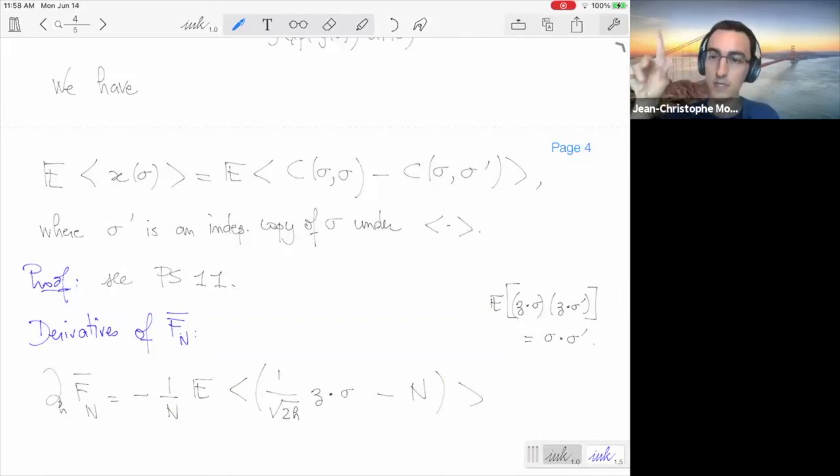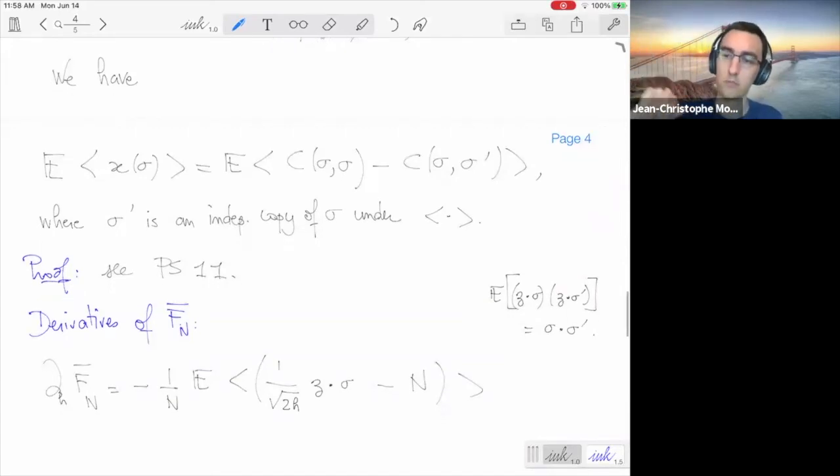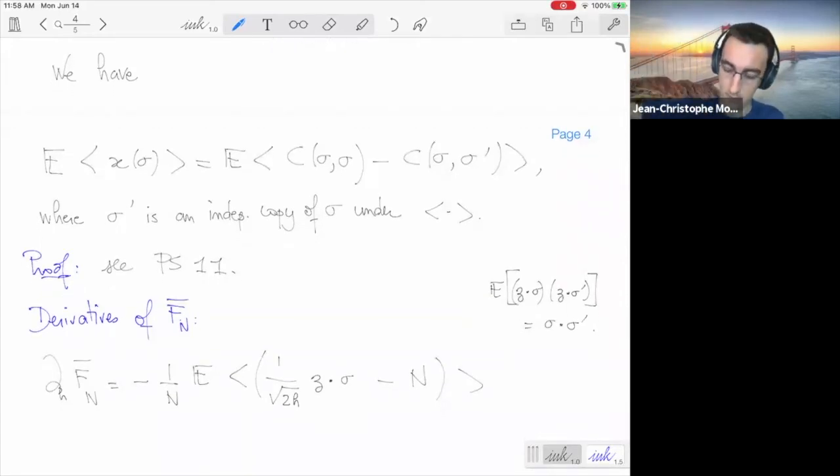And inside the energy function, there's also a square root of 2h. So in fact, c of sigma sigma prime is square root of 2h times this thing.